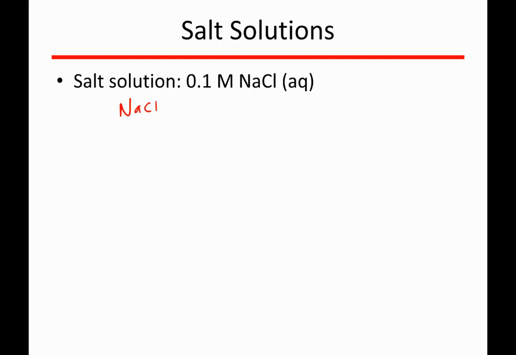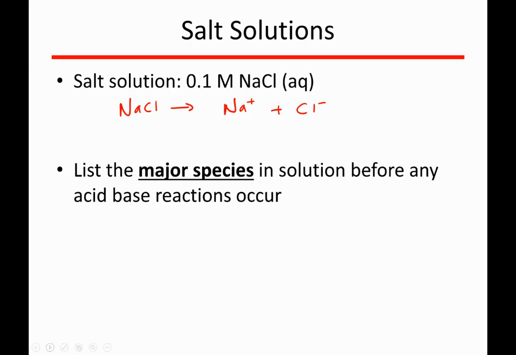So NaCl dissociates completely into Na+ ions in solution and Cl- ions in solution. This is a one-way reaction because the dissociation will be complete, 100%. It will not go back, and that's why we do not draw an arrow going in the backward direction.